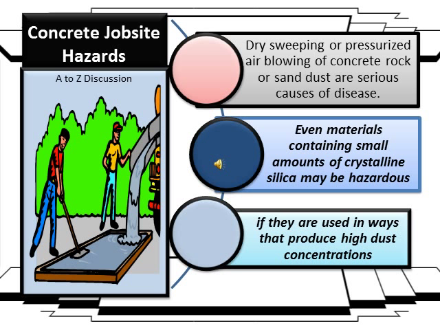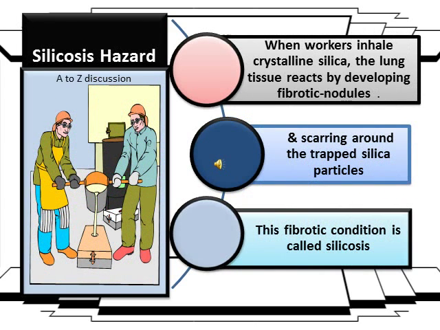Even materials containing small amounts of crystalline silica may be hazardous if they are used in ways that produce high dust concentrations. When workers inhale crystalline silica, the lung tissue reacts by developing fibrotic nodules and scarring around the trapped silica particles. This fibrotic condition is called silicosis.